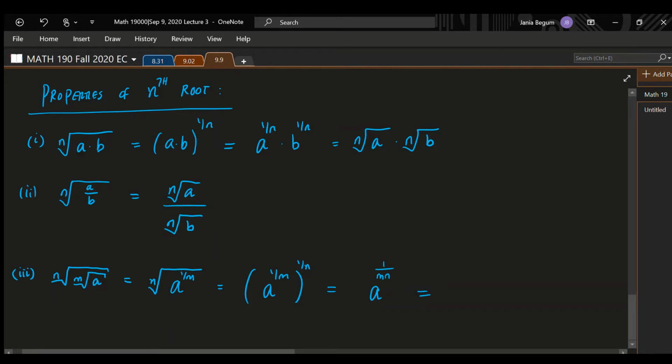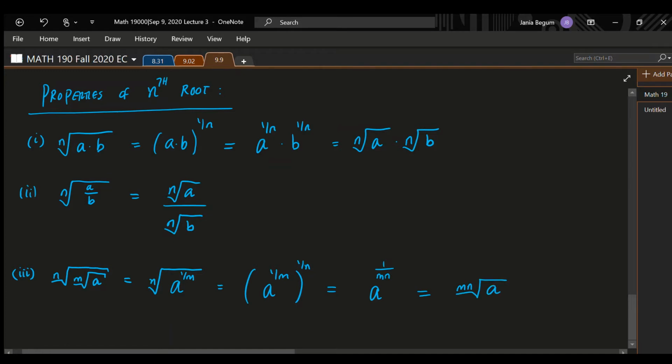what will be the radical form for this exponent? Who can tell me? Can you guys guess? Absolutely. There you go.